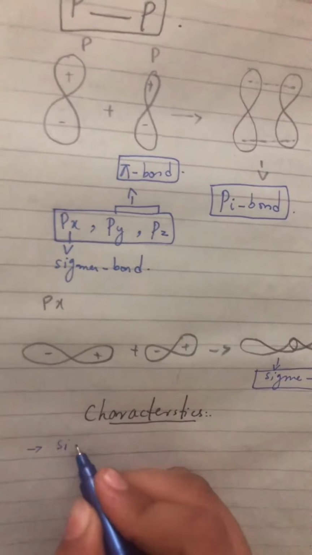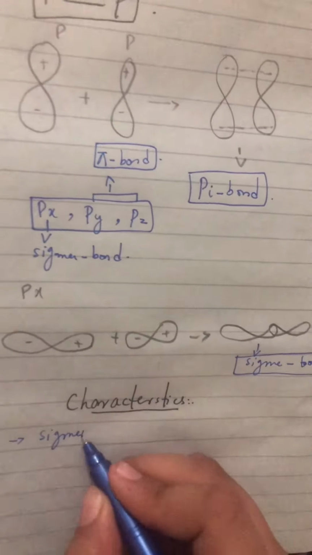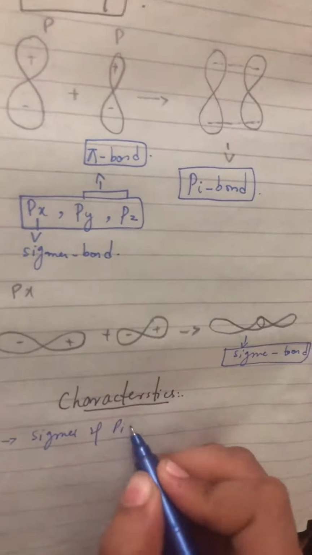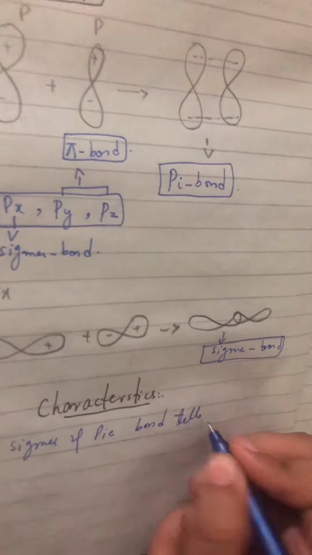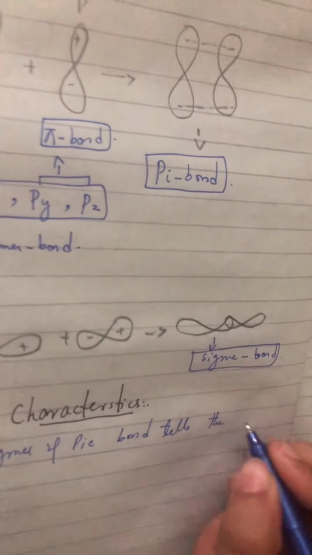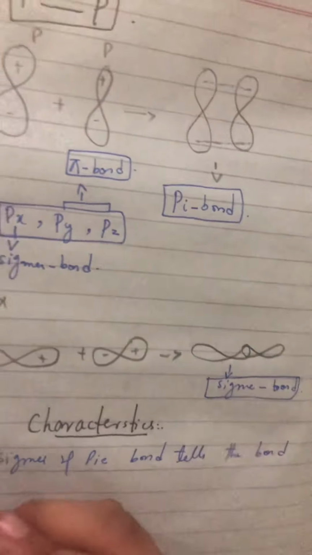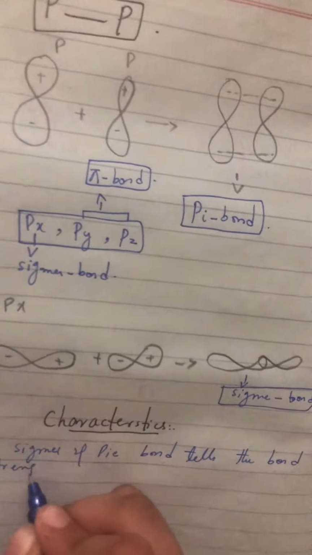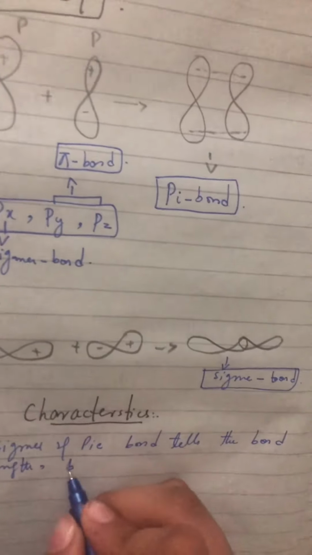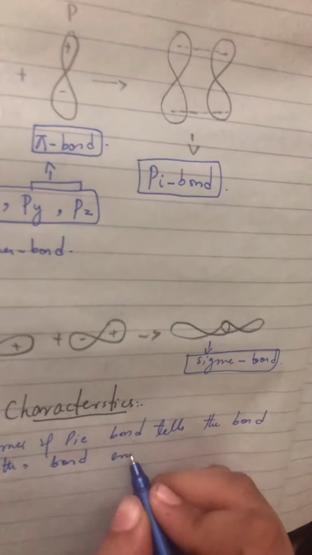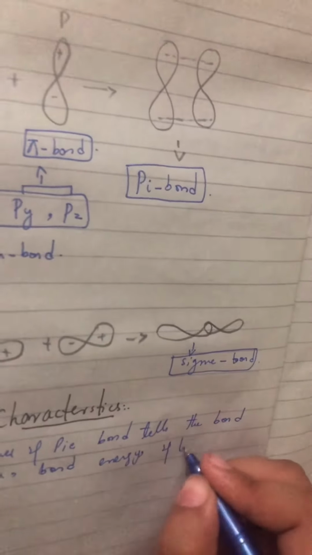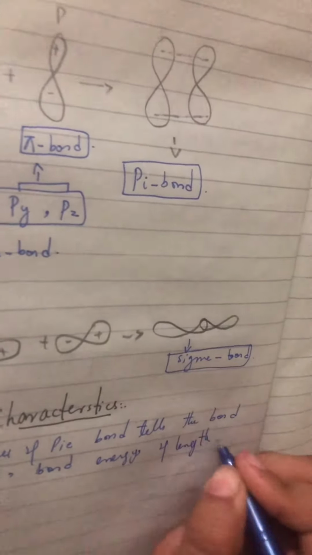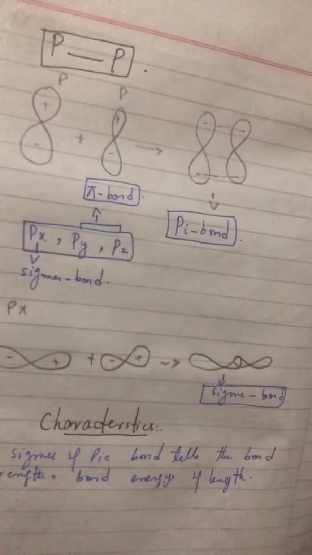Because sigma and pi bond tell the bond strength, bond energy and bond length.